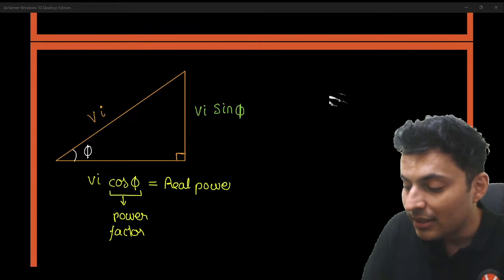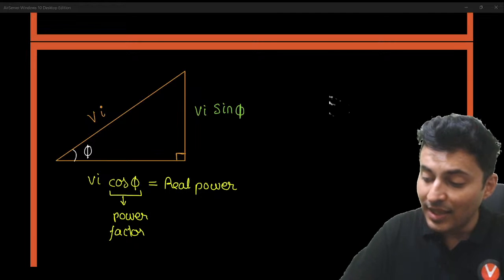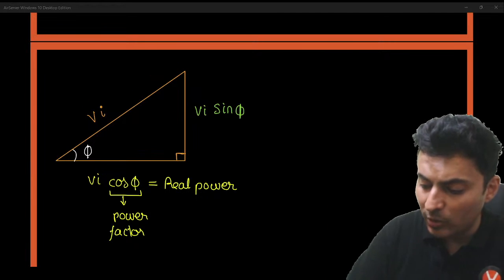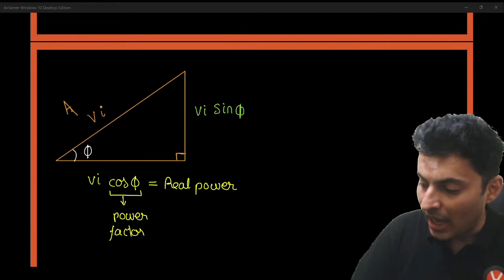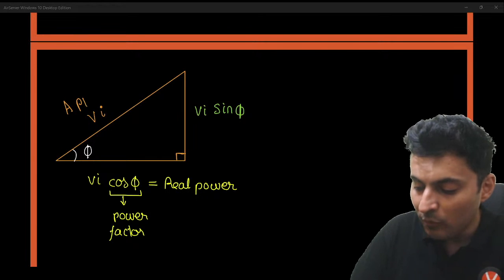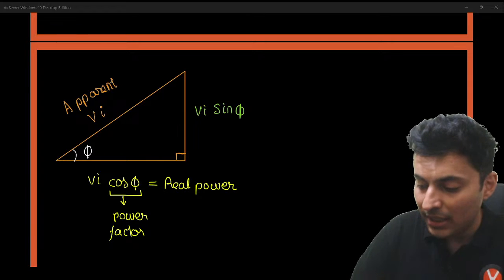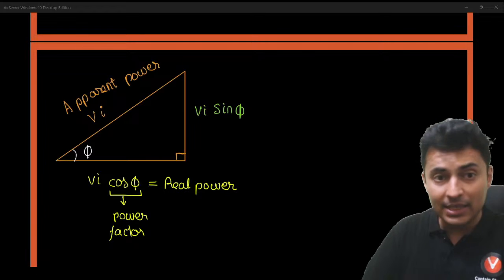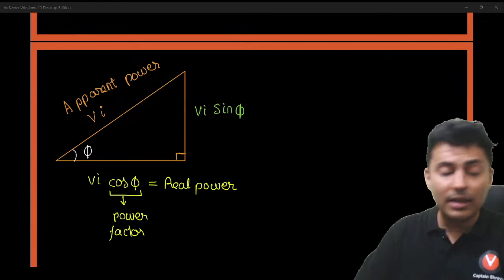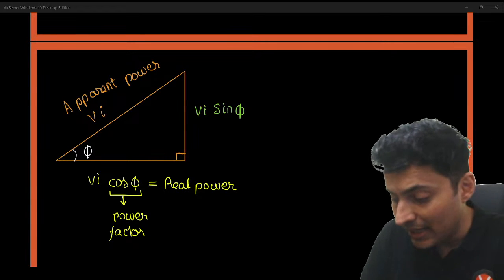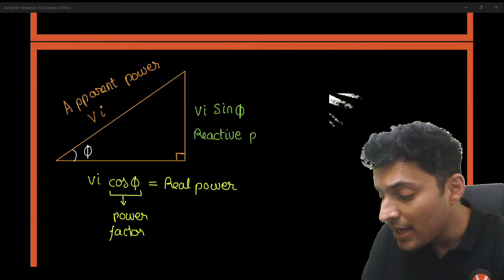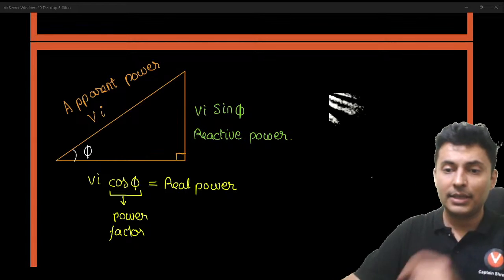This hypotenuse, VI without cos phi, is called apparent power. And this VI sin phi, which is neither real nor apparent, is called reactive power.